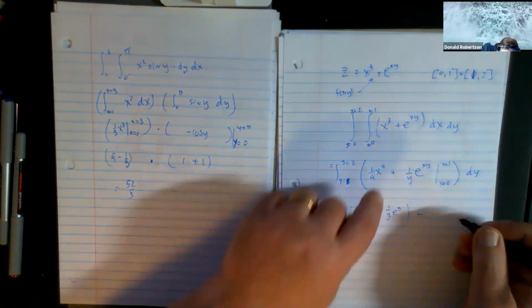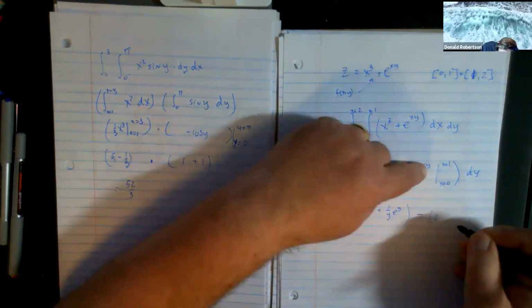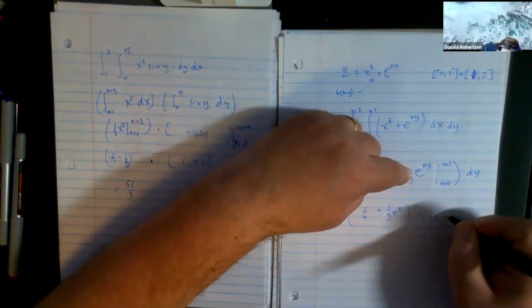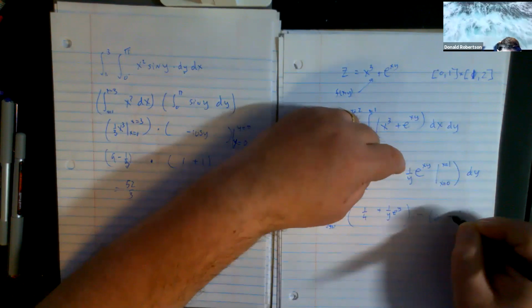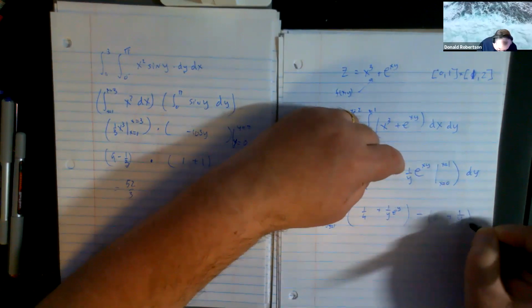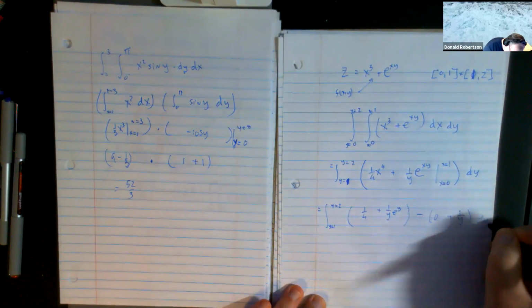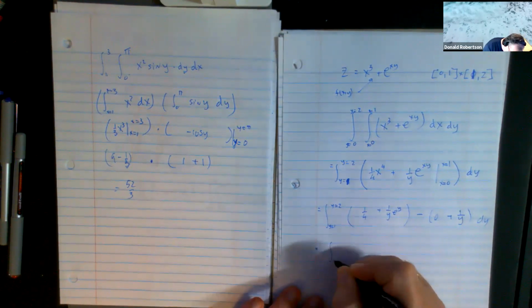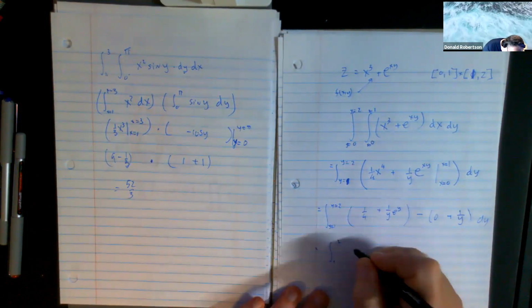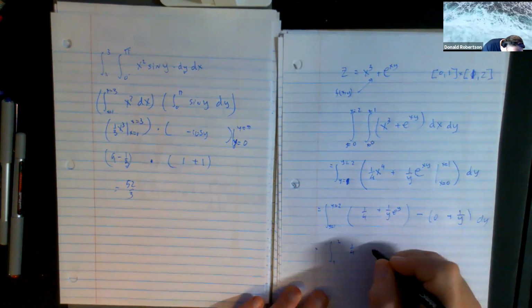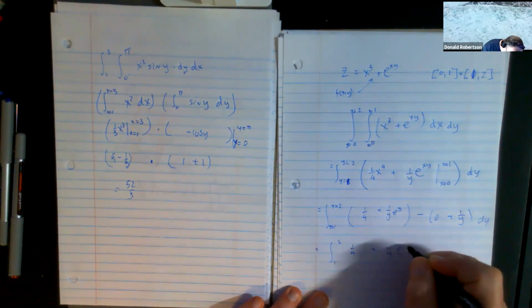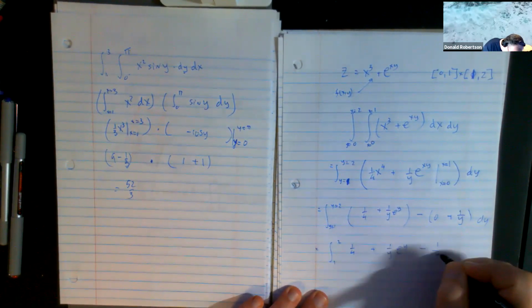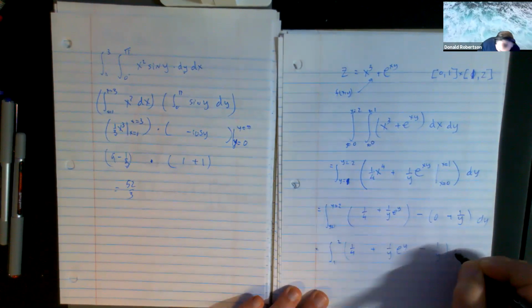Take away, if you plug in 0, you get 0. You plug in 0 here, you basically get 1 over y. And so it's going to be the integral from 1 to 2 of 1 quarter plus 1 over y e to the y, take away 1 over y, dy.